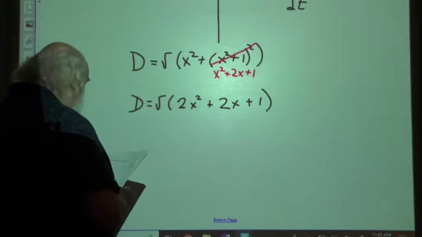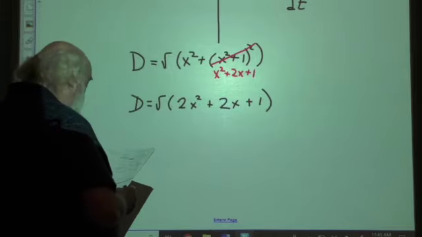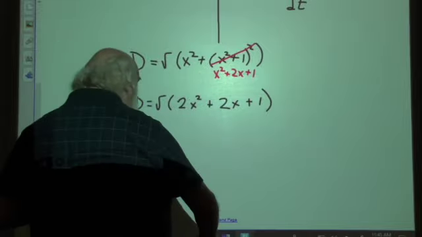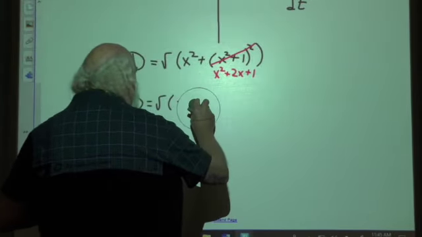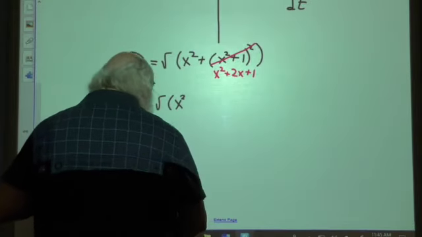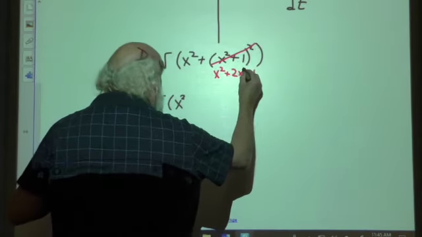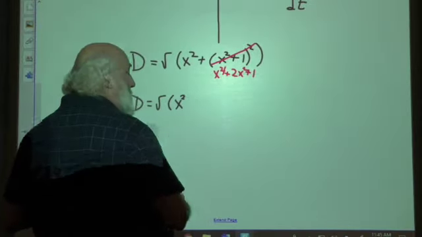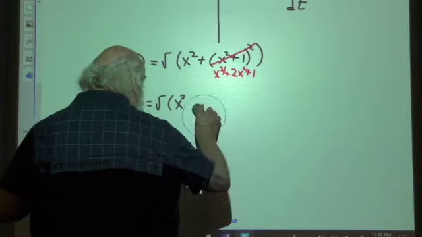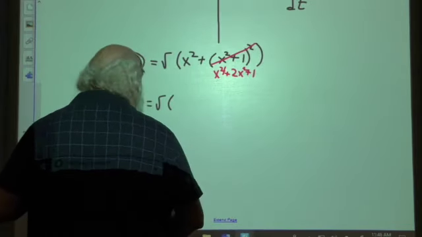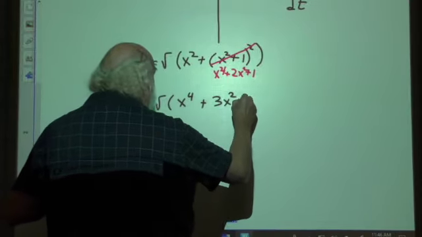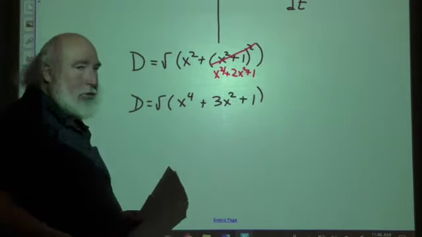Okay? Now, that's not right. Let me try that again. Okay, it's going to be x squared plus, and this is what is wrong right here. This is a square there, so that would be squared there. That should be 4th power right there. My bad. Now I'm going to combine those together, and I get x to the fourth plus 3x squared plus 1.